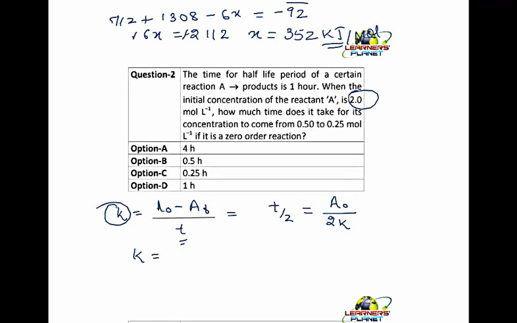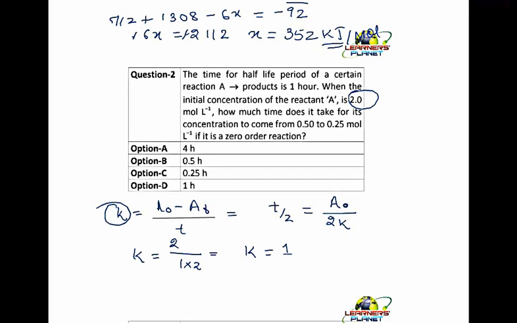What is the initial concentration given? It is 2. So it is 2 divided by T half, which is 1, into 2. So what is your K?